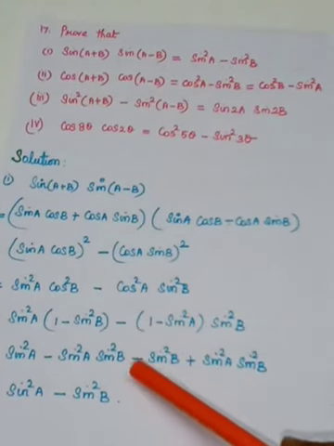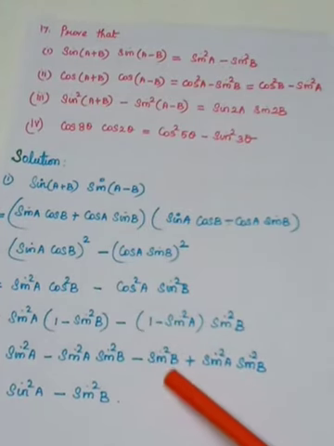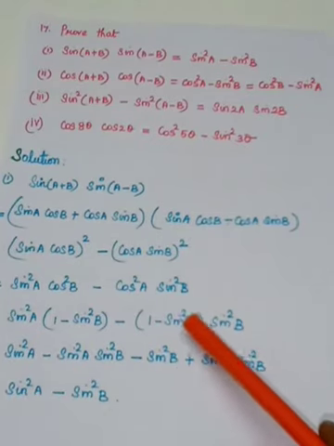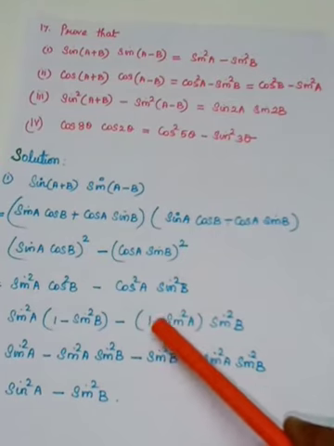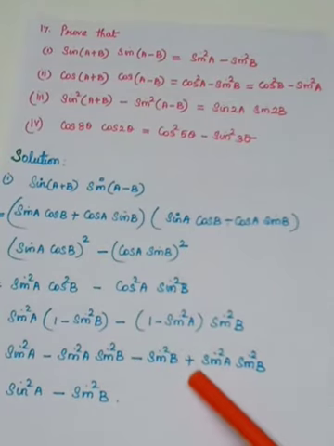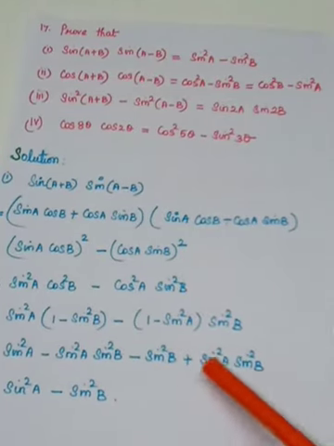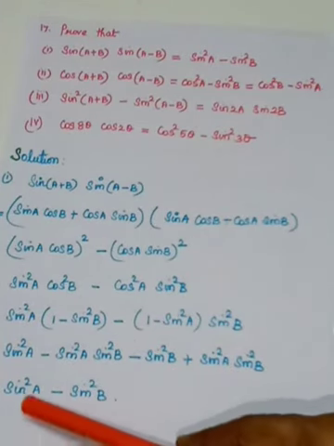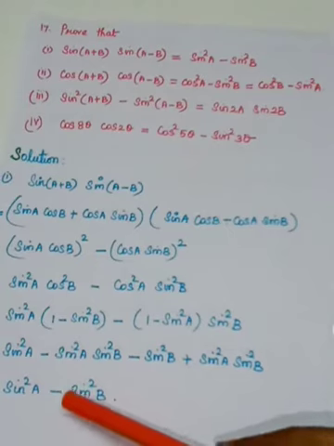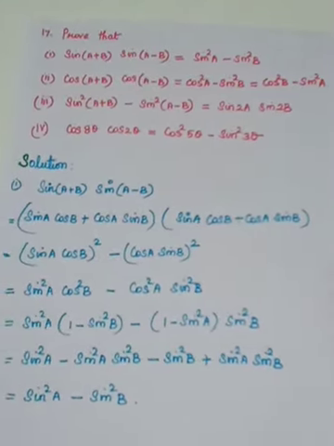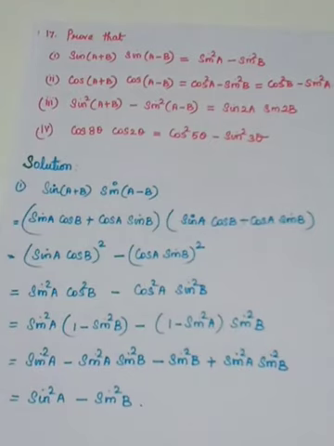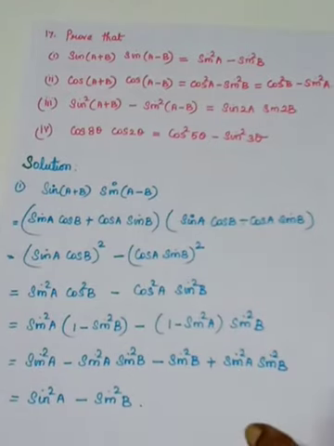If you apply the minus, it is minus sin squared b. And if you multiply these two, it is sin squared a sin squared b. This is minus, so minus into minus will become plus. So the same term, one is in minus, another one is in plus. Both get cancelled. The remaining is sin squared a minus sin squared b. So you have to learn this as a formula. So sin(a plus b) into sin(a minus b) is equal to sin squared a minus sin squared b.